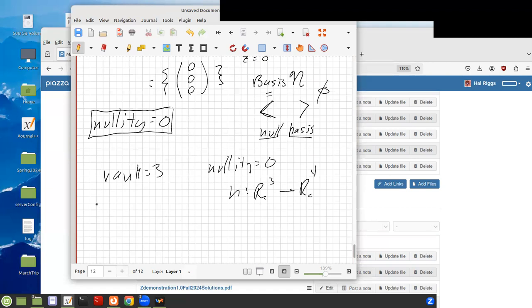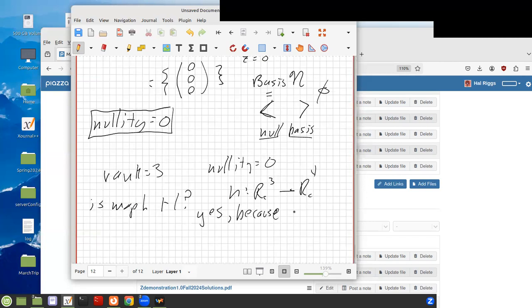Now, is map H 1-to-1? Yes. Why? Because the nullity is 0.